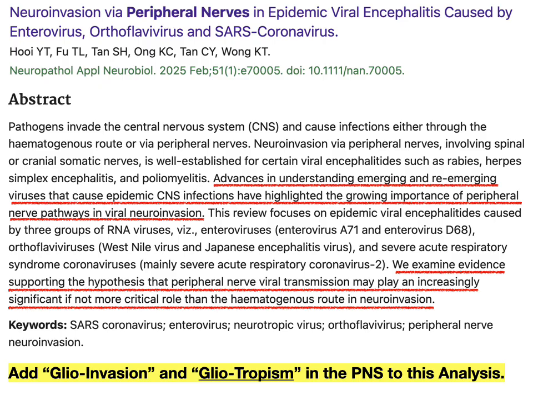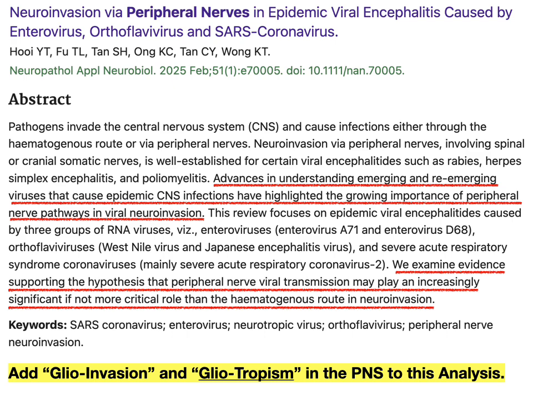Abstract. Pathogens invade the central nervous system and cause infections either through the hematogenous route, the blood vessels and lymphatic vessels, or via peripheral nerves.